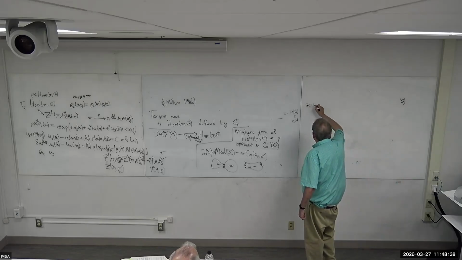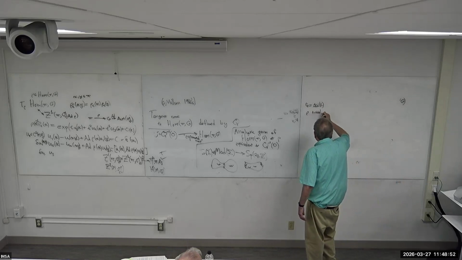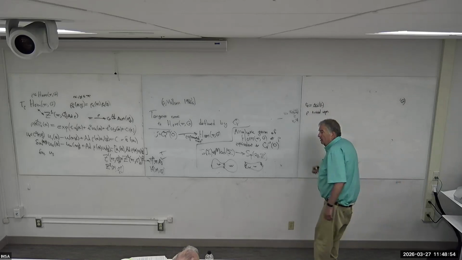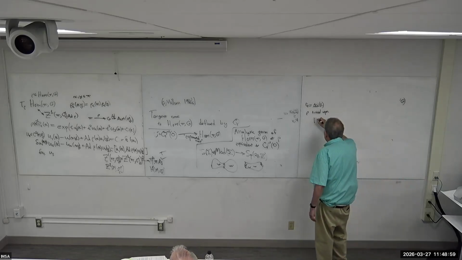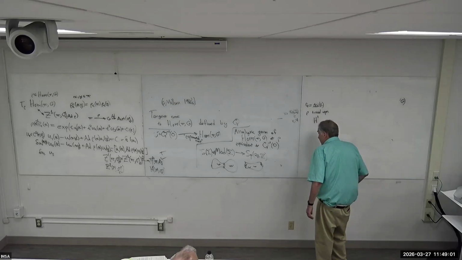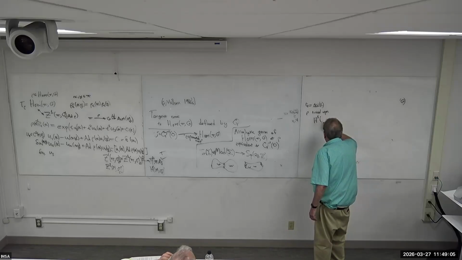Let me take the case just when G is, say, doesn't matter, say, a compact group, let's say SP2. And let's take rho to be the trivial representation. Now, in that case, the cohomology is an ordinary cohomology, so we have H1 of sigma with coefficients in the Lie algebra.